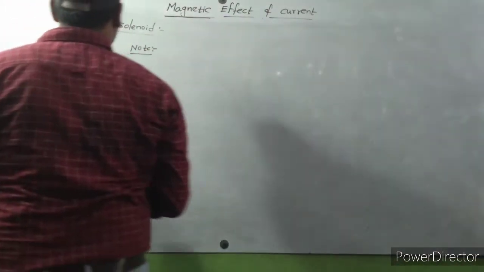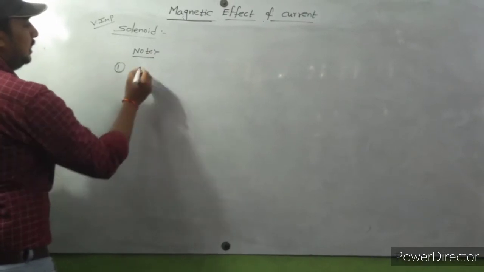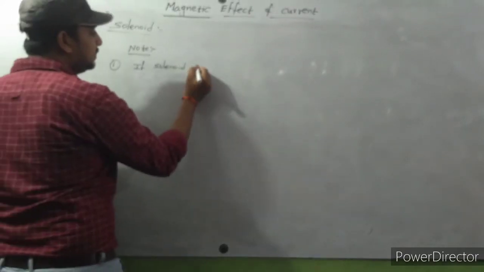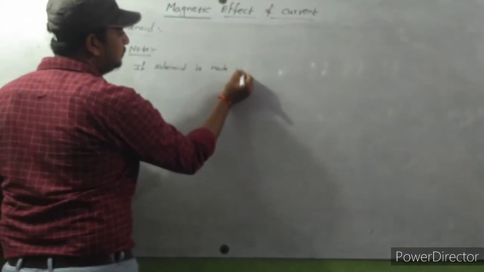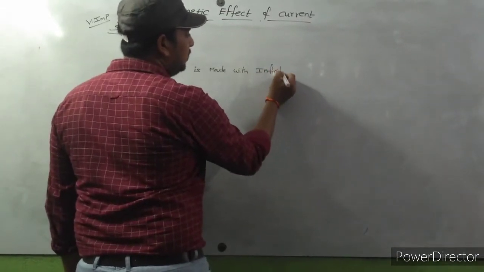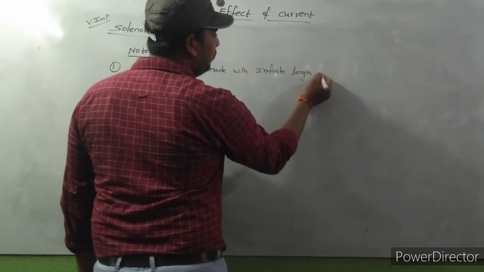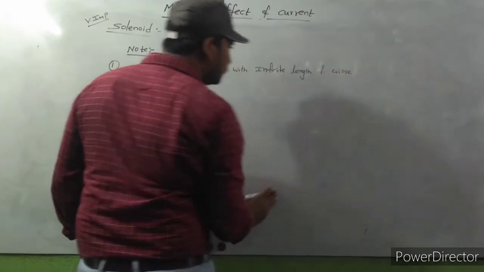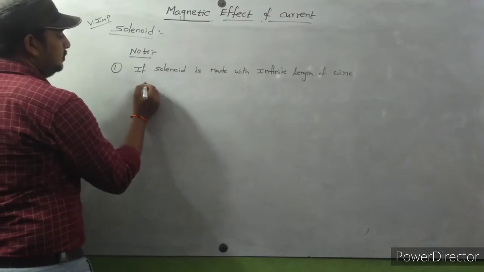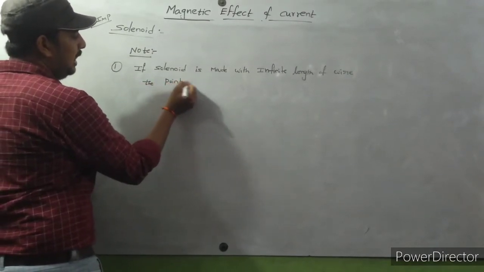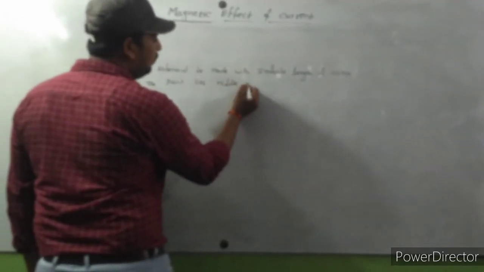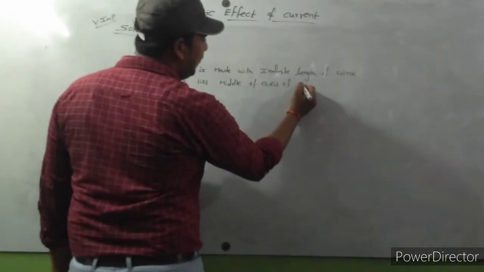Here the first point is, if the solenoid is made with infinite length of wire and the point lies at the middle of the axis of the solenoid.